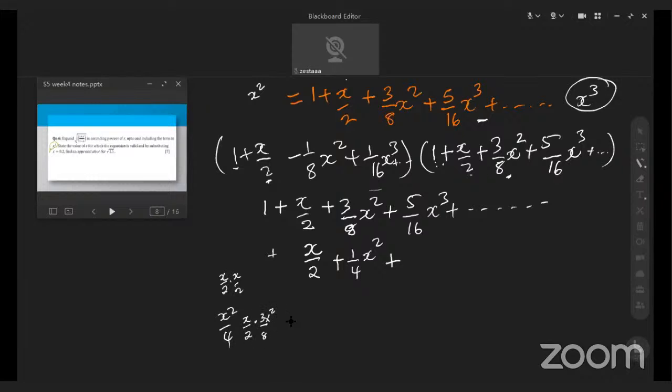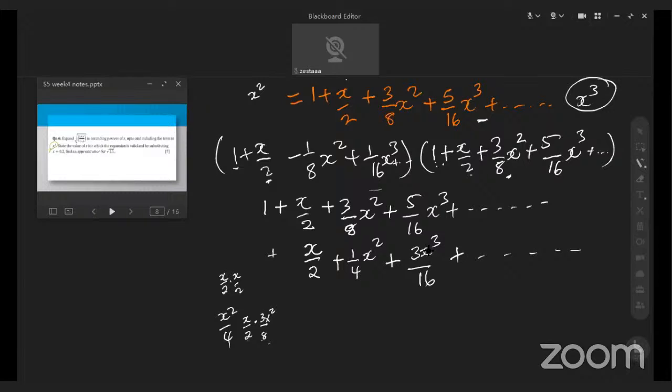So here we shall get 3x cubed out of this times 2 times 8, we shall get 16. Okay? And so on and so on, plus these ones are no longer needed. Okay? Because we are ending at what? At x cubed.